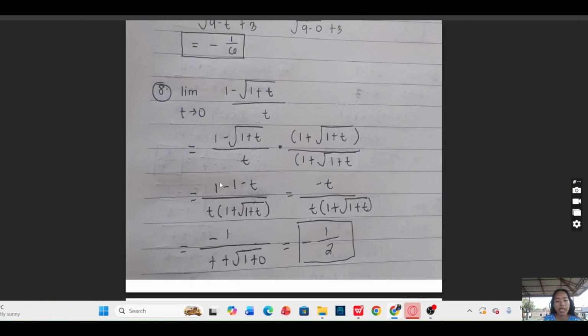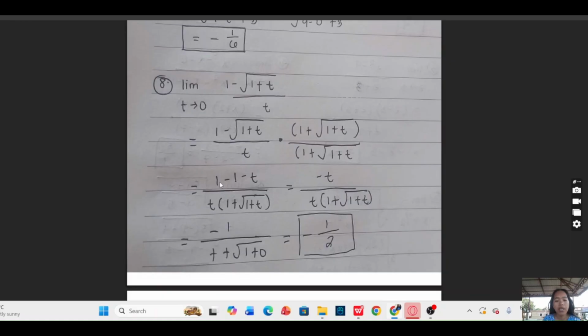So the next one is the limit of 1 minus the square root of 1 plus t over t as t approaches 0 again. Again, we need to rationalize the function or the limit.